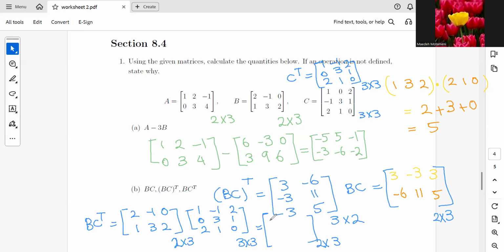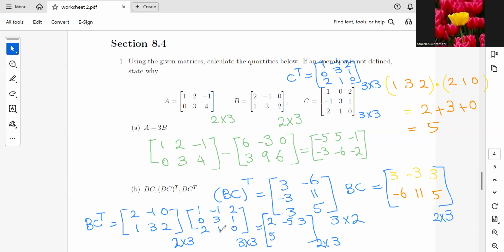So the answer is, for the first one, 2 times 1 is 2. So the first one is 2. First row, second column, that would be -2, -3, which is -5. First row, third column, that would be 3. Second row, first column is 1 plus 4, which is 5.